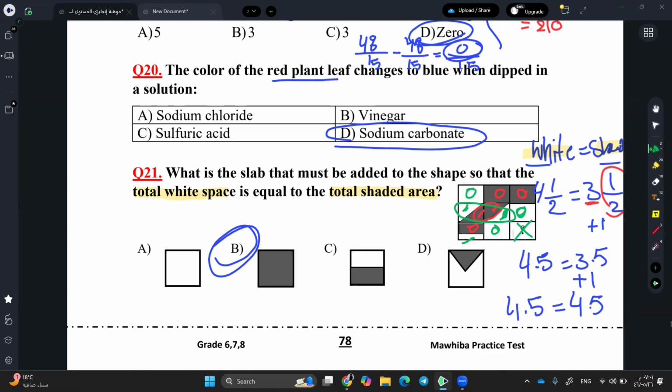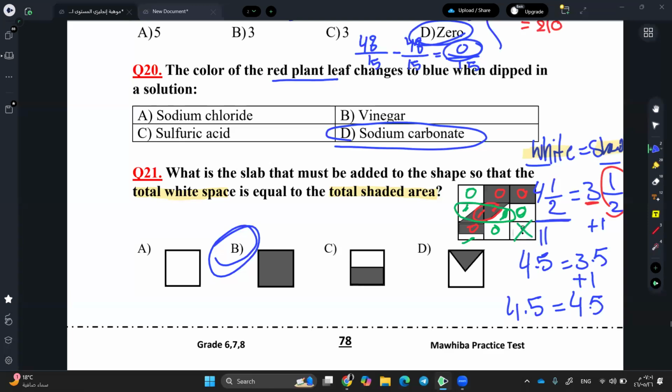This is the area that we're going to replace. Then you have here the white area 4.5, which is 4 and a half. This is equal to this. And 3 and a half. So how much are we going to add to the shaded area to make it equal to the white area? So basically we're going to add 1.